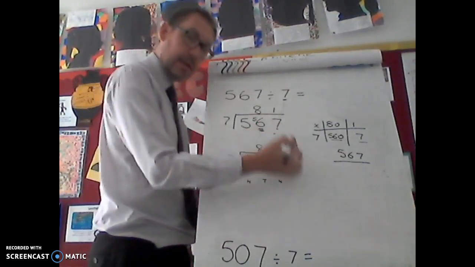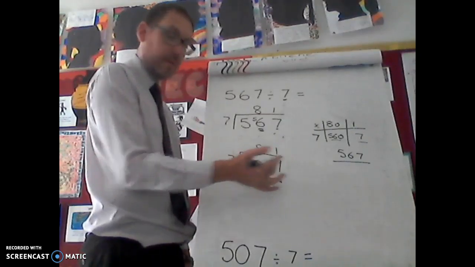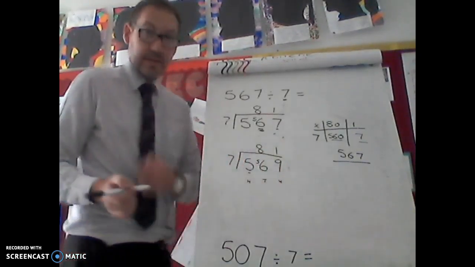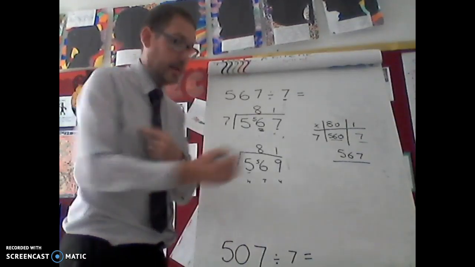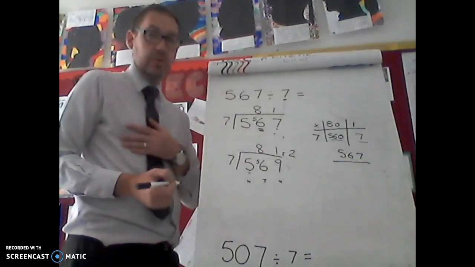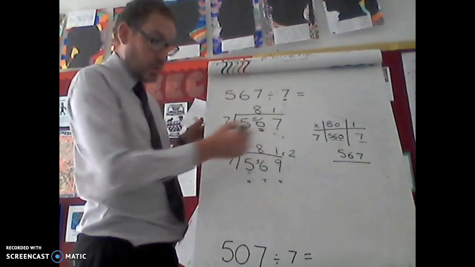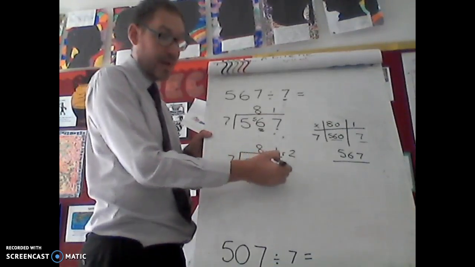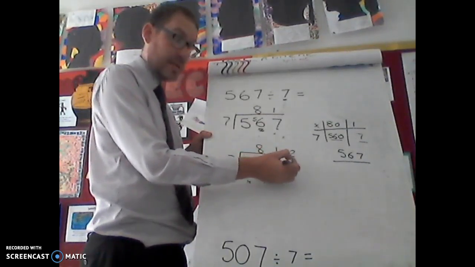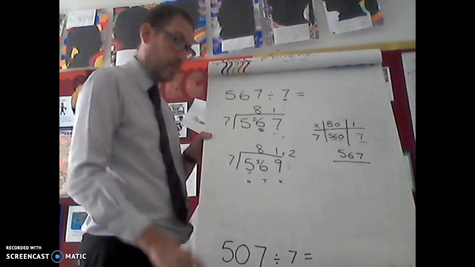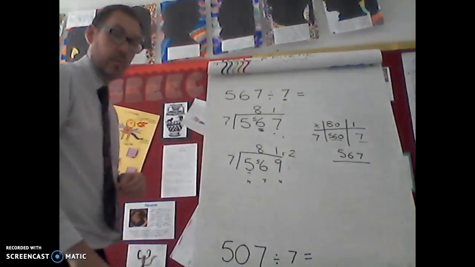But I need to now show that I've gone up to the 9. So it's 1, 7, 7, 8, 9. So I've got a remainder of 2. Okay? So this one again is slightly different because I work my way right to the end and I always have to remember that remainder. Okay? There you go. There's another one.